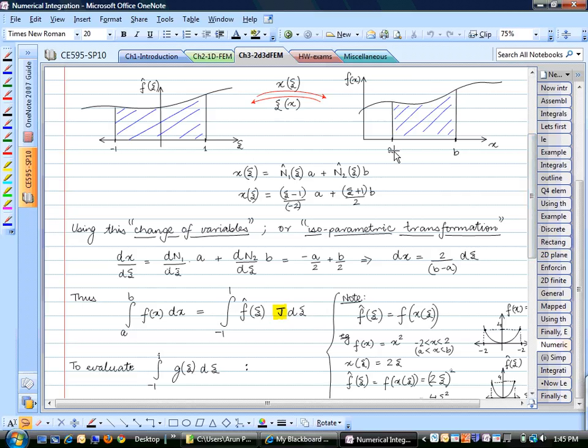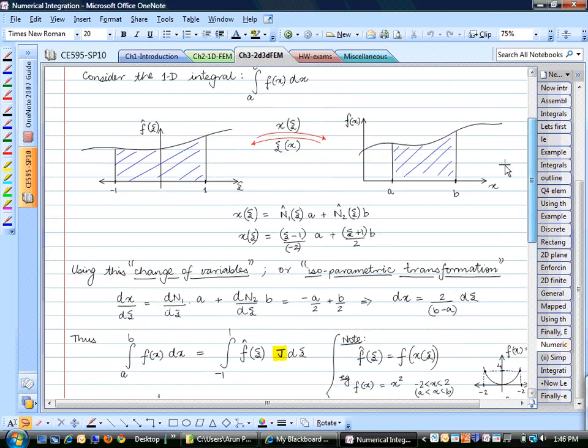So essentially this map is nothing but a change of variables, and I'm sure all of you are familiar with this. With the change of variables, we will express this integral now in terms of c, and our formula for x in terms of c is right here.